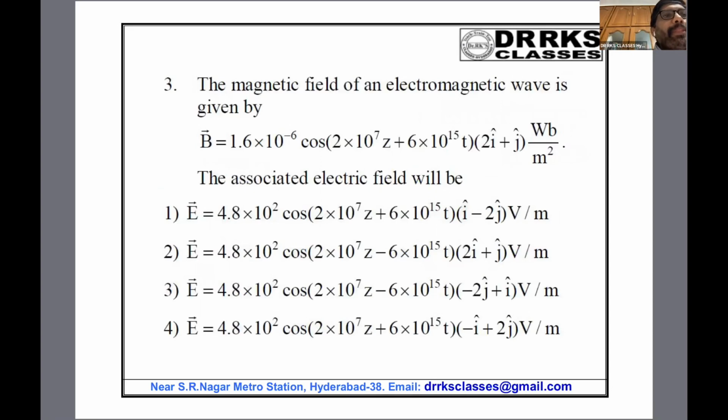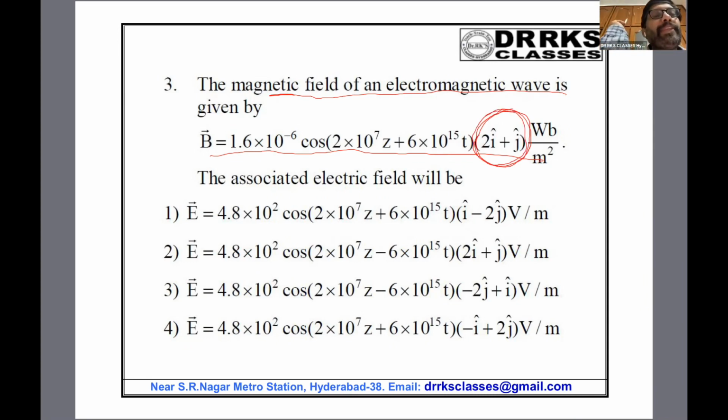Here the magnetic field of an electromagnetic wave is given, and the direction of the magnetic field is 2i cap plus j cap. Remember that.